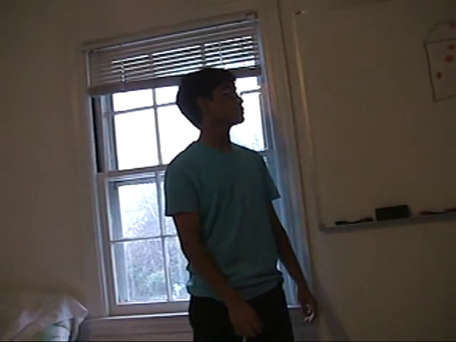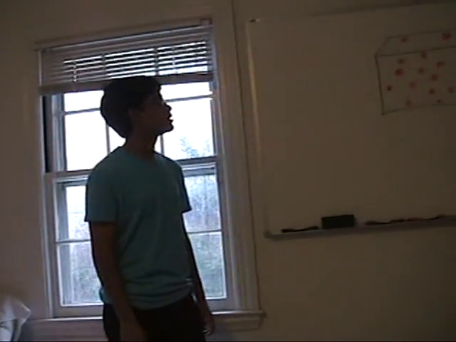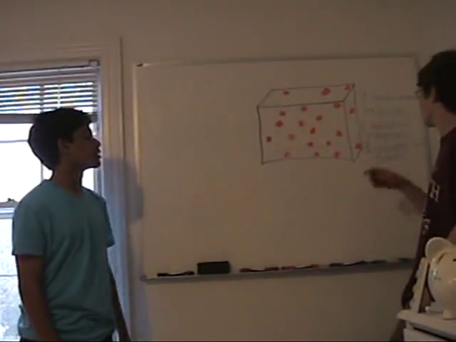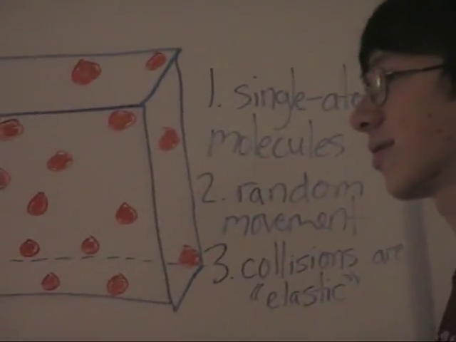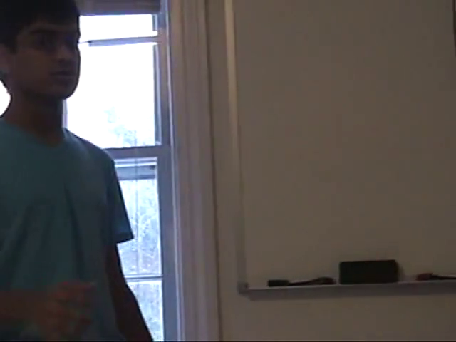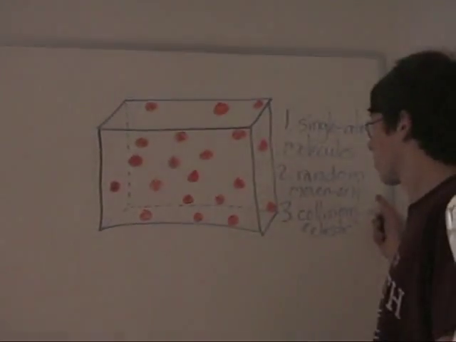Okay, so what is an ideal gas? Well, the properties of an ideal gas are, one, they have single atomic molecules. The second, all those molecules move randomly.